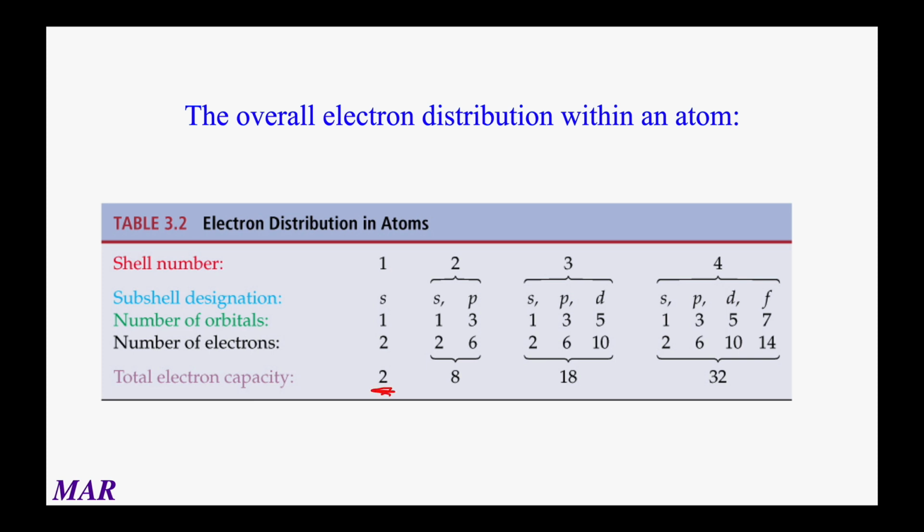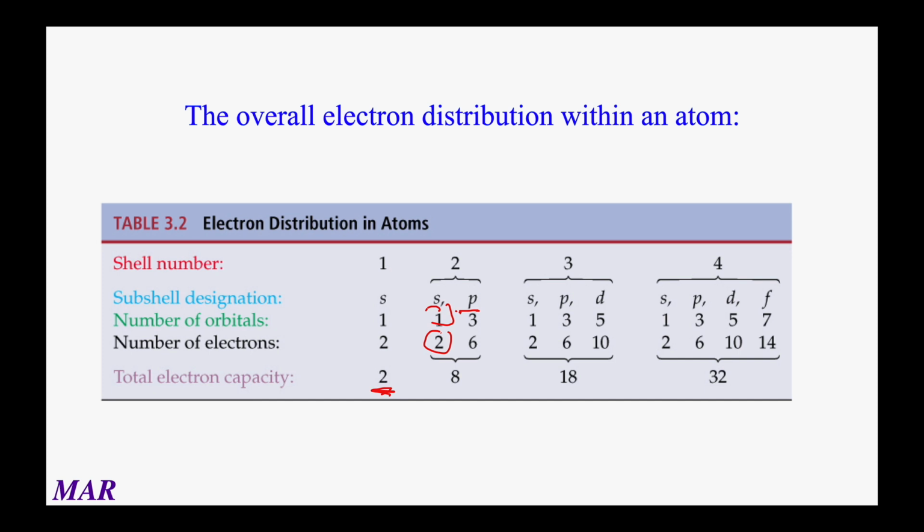Now, in the second shell, number 2 in that dorm room, there were 2 levels, an S and a P. All the S levels have a single orbital, which means they hold 2 electrons. But that dorm was fancier. It had a second level, all right? It had the P subshell. And P subshells have 3 orbitals. Again, that's where you have the x-axis, the y-axis, and the z-axis, those figure 8 looking things.